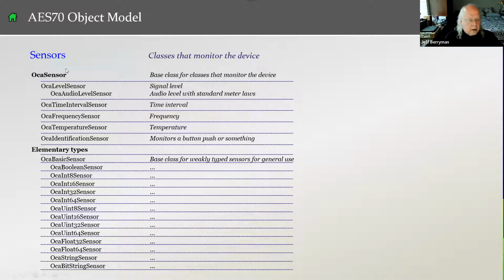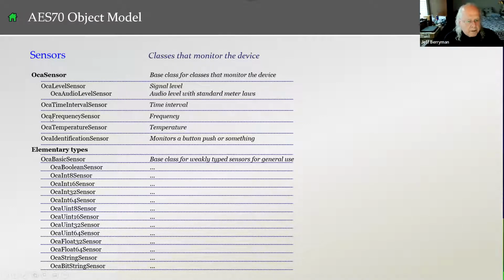Sensors, the counterpart of actuators. There's a smaller list, but there's a level sensor, and there's a related version, a child of a level sensor called audio level sensor that contains standard meter laws like PPM and VU laws that do the average signal averaging stuff.